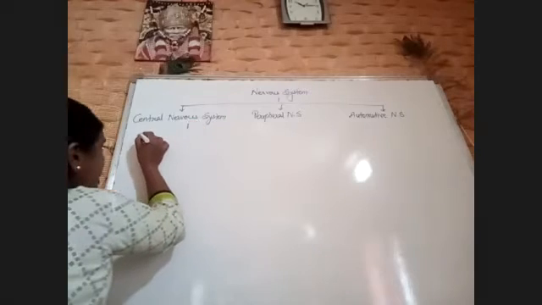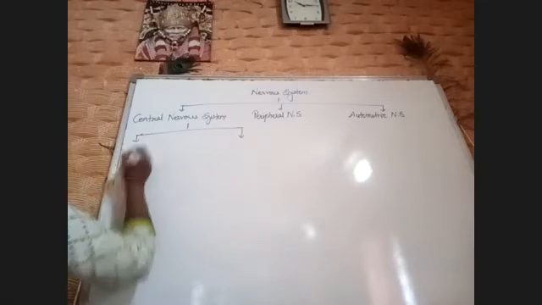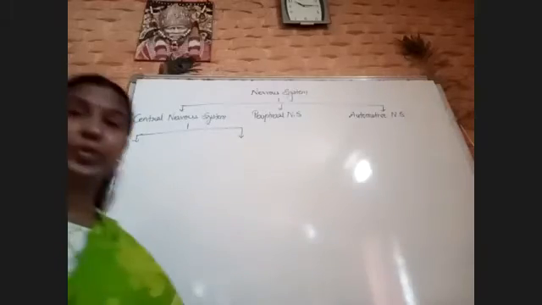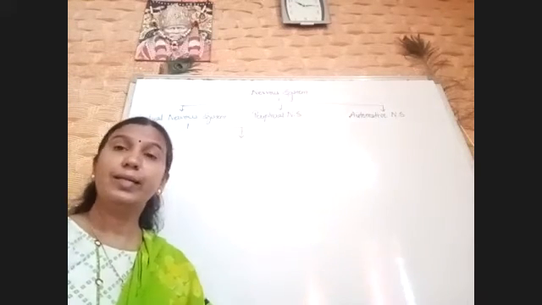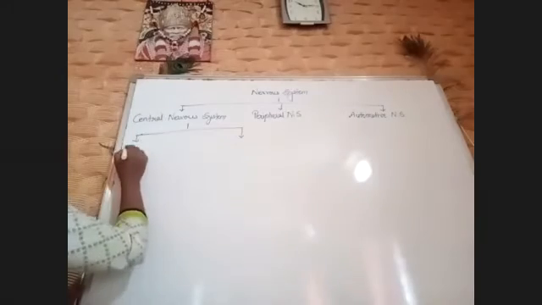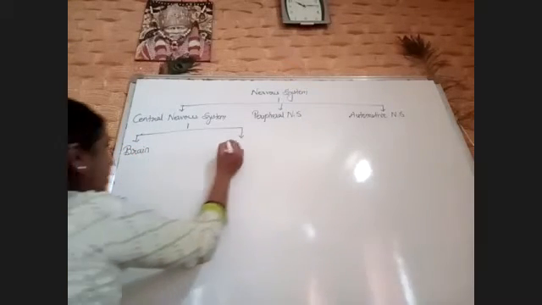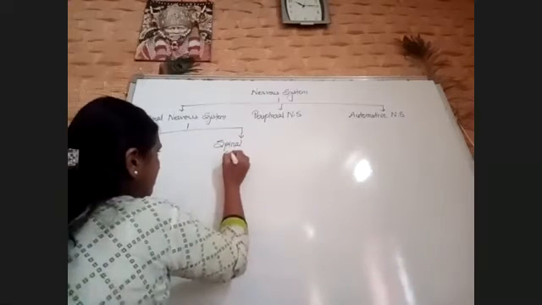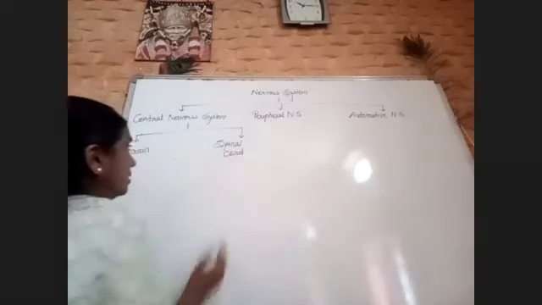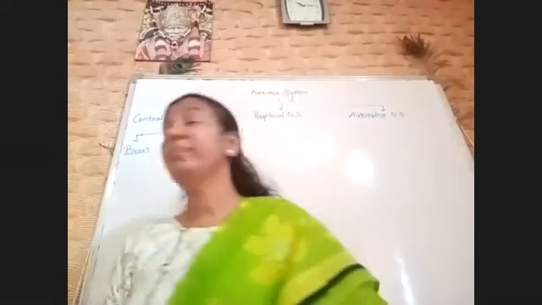I had already told you that this central nervous system is located centrally. Okay. It consists of mainly 2 parts: brain and the spinal nerve. These are the 2 main parts of this central nervous system.